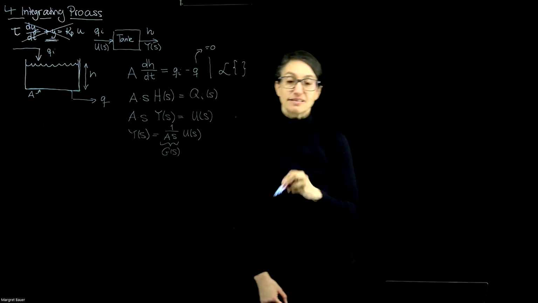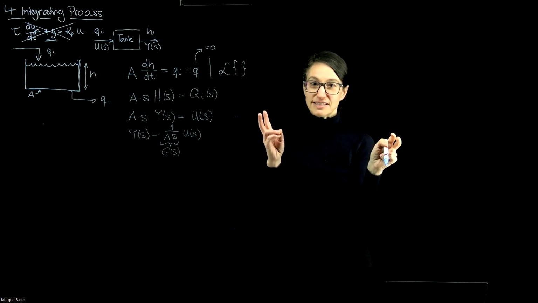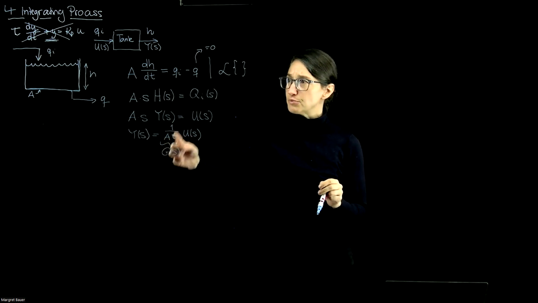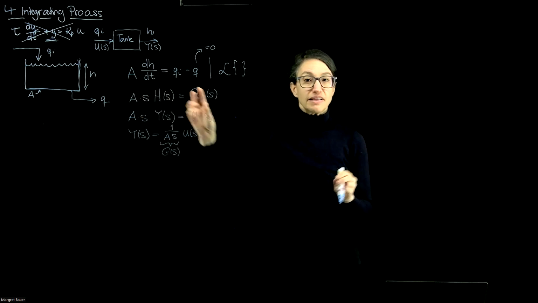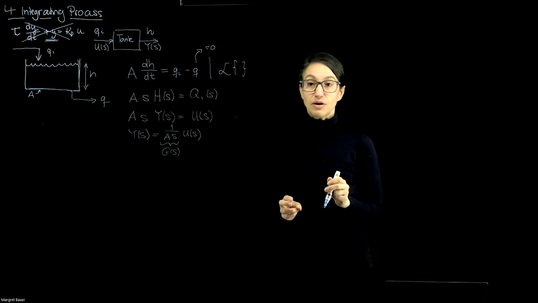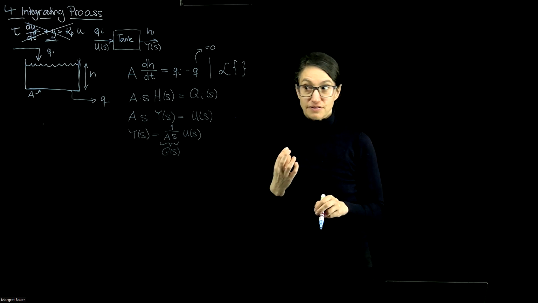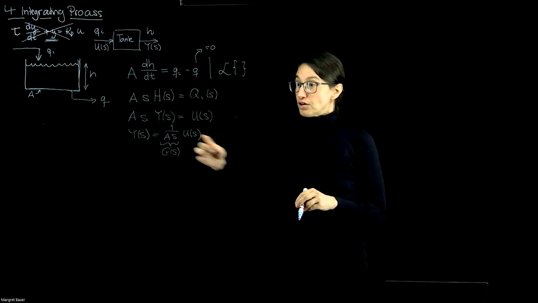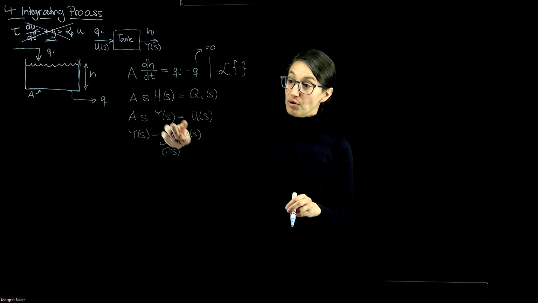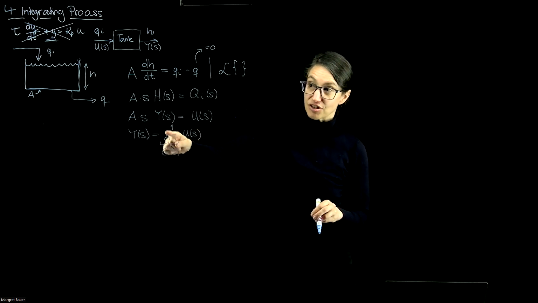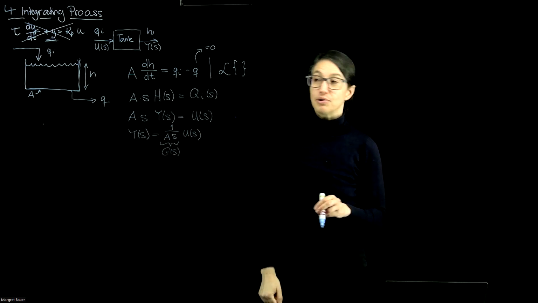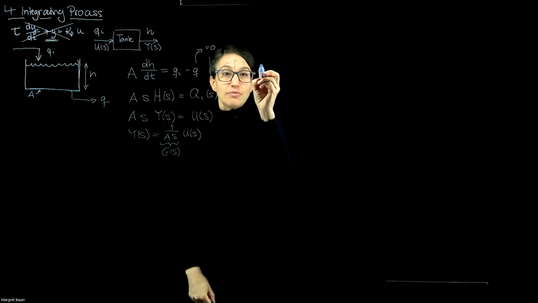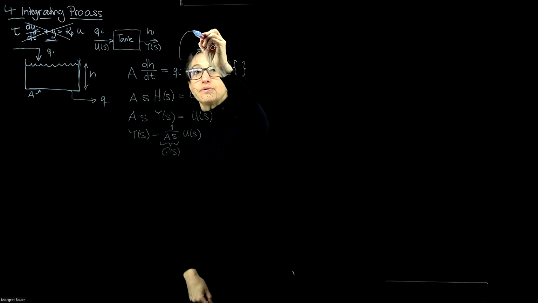And you can see it's sort of a first order system because it has a first order differential equation, but it's not a first order process. We call this an integrating process. Why? Because it only has the integration of the input. We could write this slightly differently, even before we move into the frequency domain.